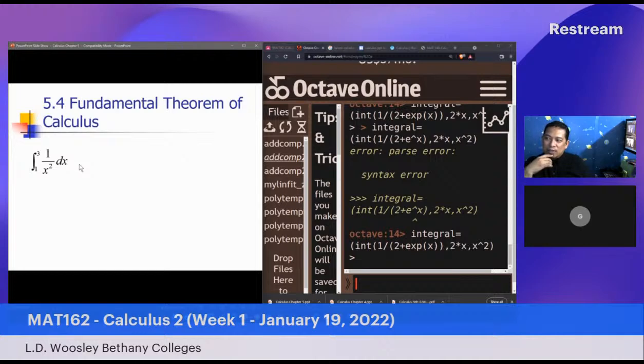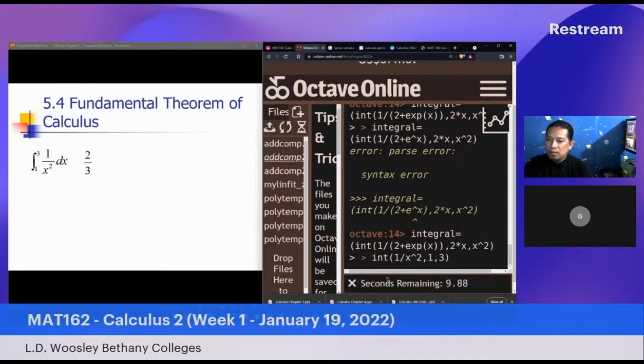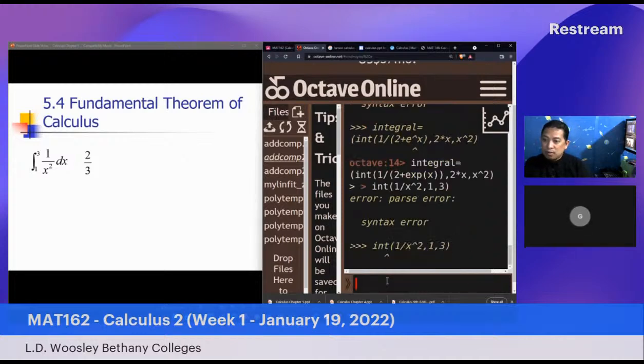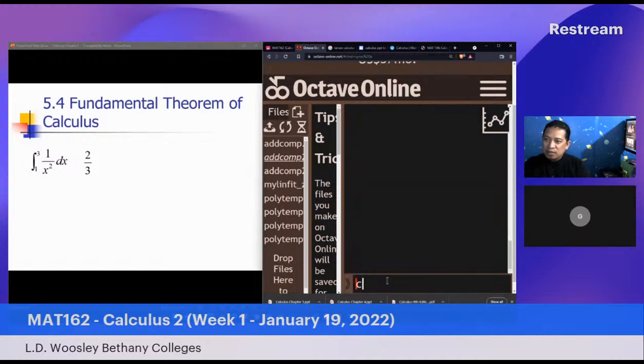What would be the answer? 1 over x. Negative of 1 over x, right? Wait. There seems to be a problem with this. It was working just now.